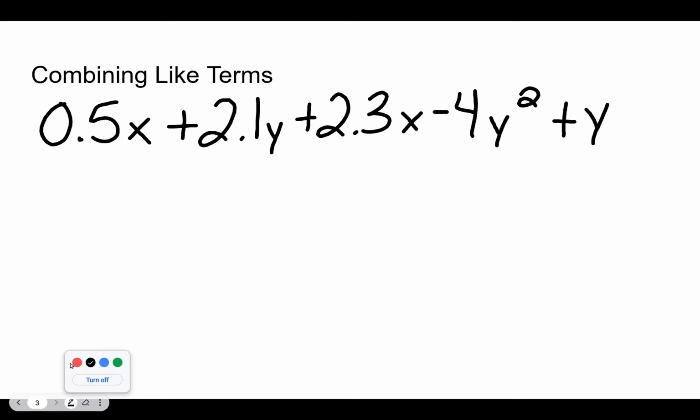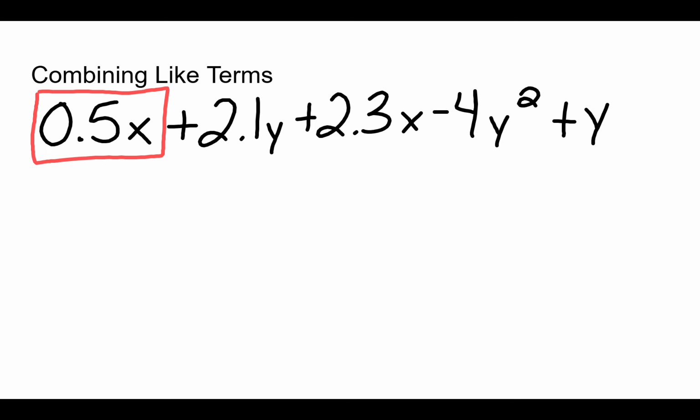Okay, so let's solve this problem and see if you got the same answer as me. First, I'm going to find my like terms. The first thing I see is 0.5x. This is a positive 0.5x. And as I look through the rest of my terms, I see one like term. That is a positive 2.3x.